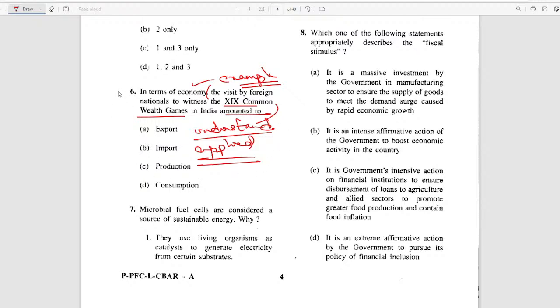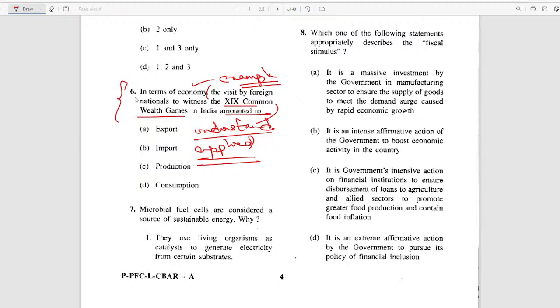So whatever terms you come across in economics, clearly understand them and understand the examples also, how that is contributed. For example, in inflation, there is demand pull inflation and cost push inflation. So you have to understand what is demand pull inflation.